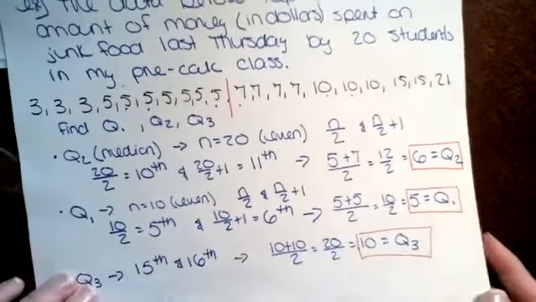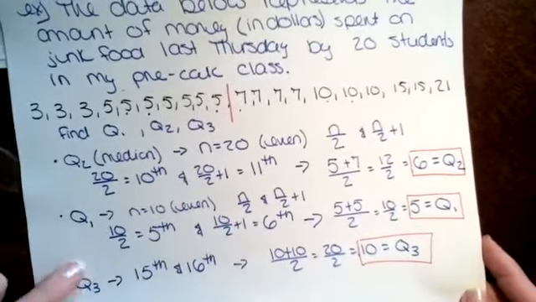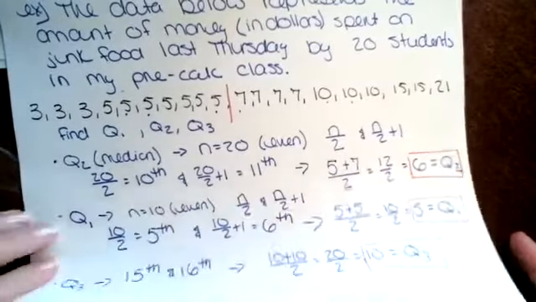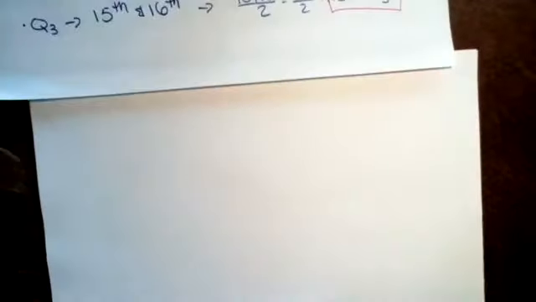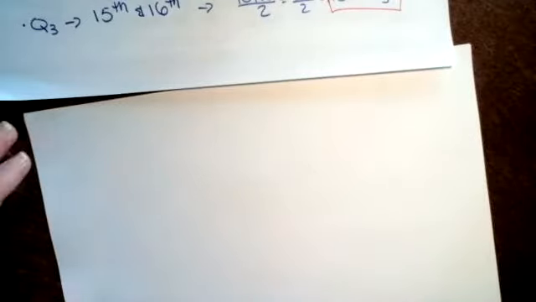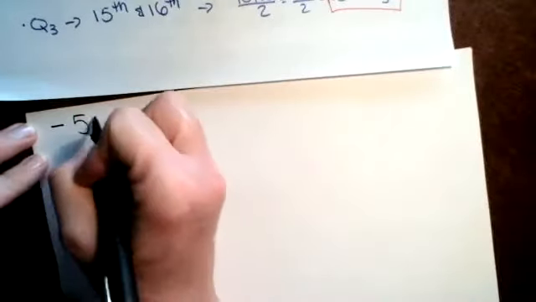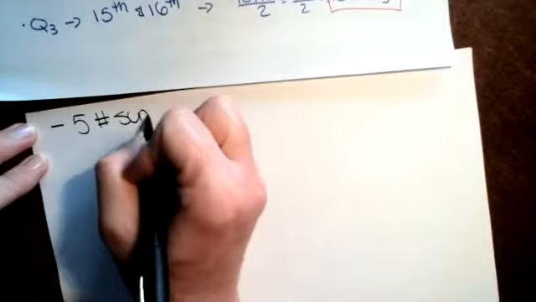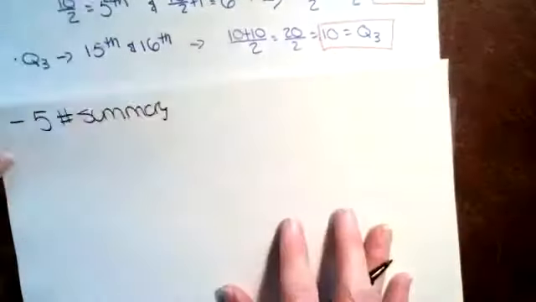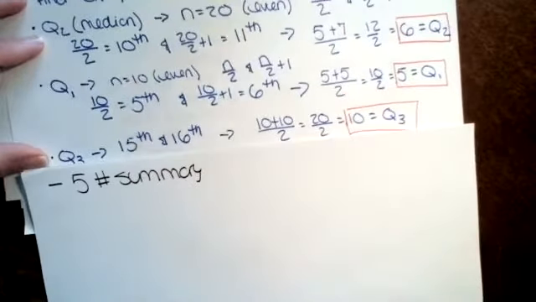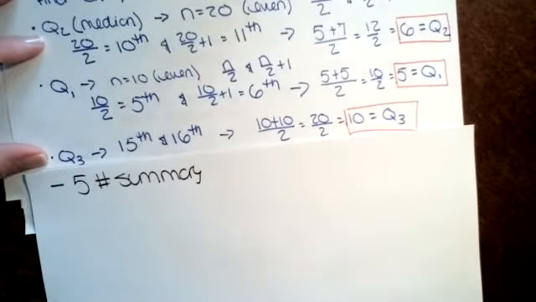So we have a way we can organize these quartiles, and it's called the 5-number summary. What this does is take these quartiles and the min and max and put them in a little summary in a specific order.